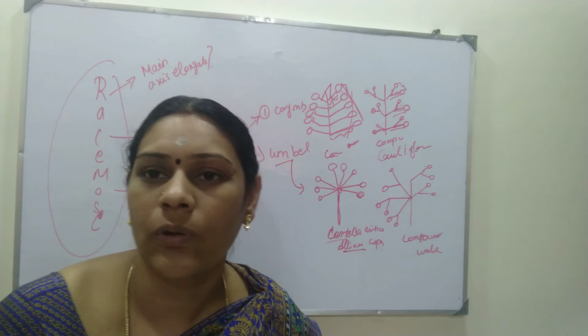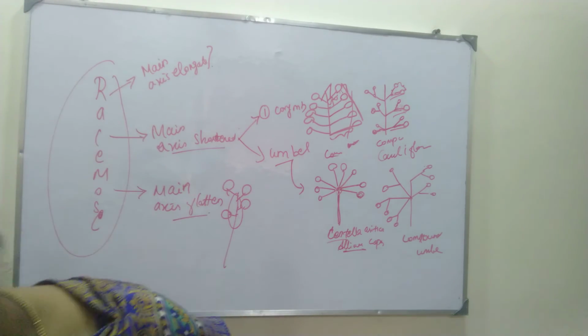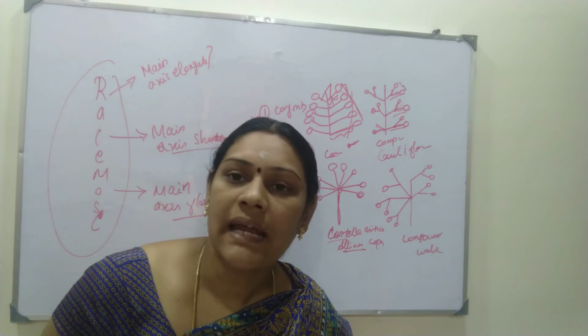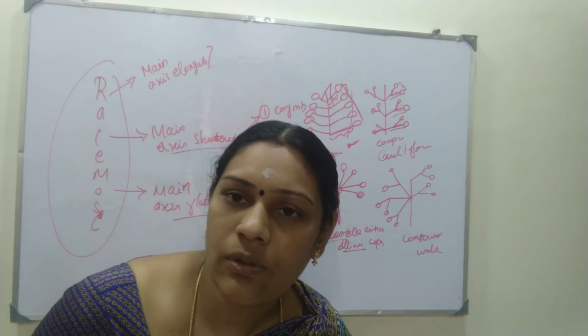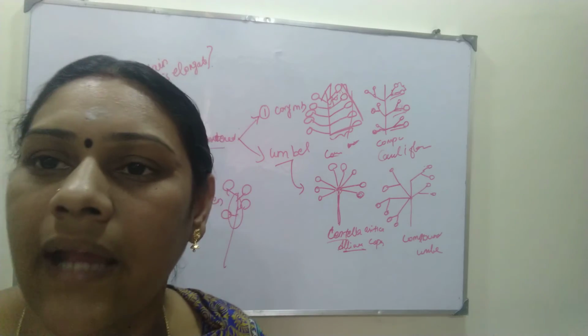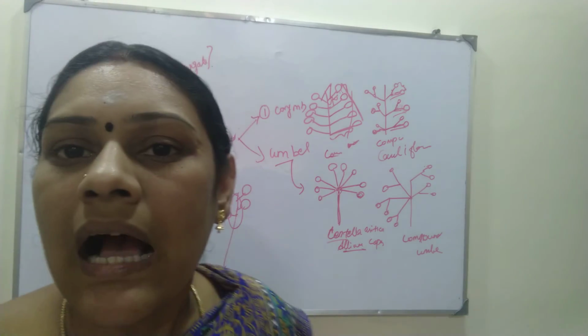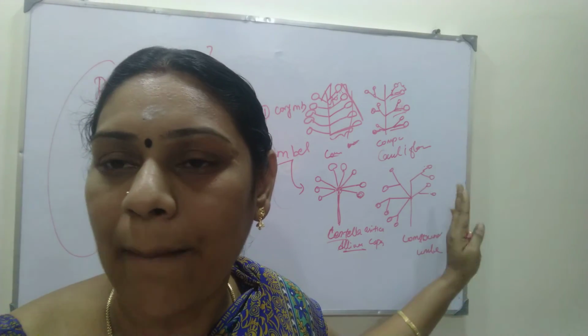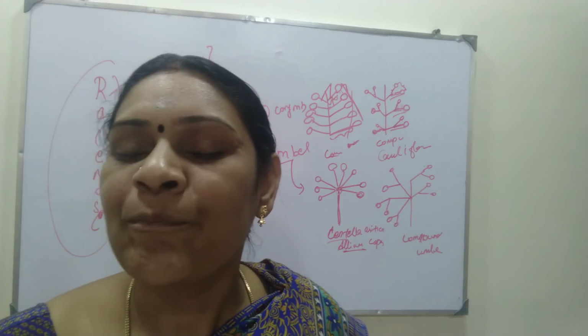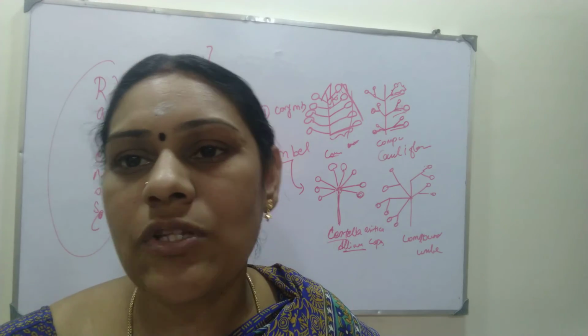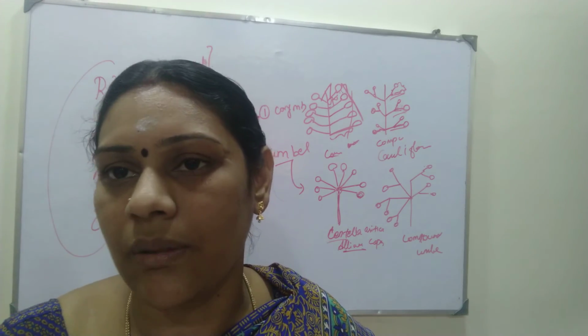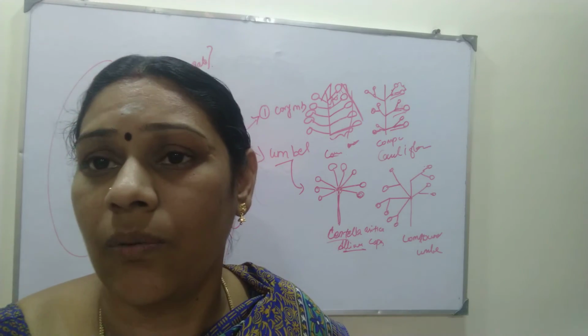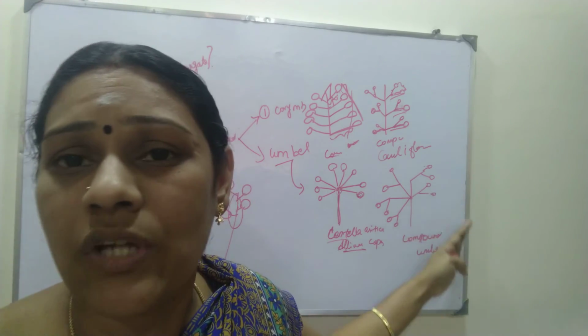Coriandrum sativum and Daucus carota are examples. In the carrot plant, everything has the compound umbel type of inflorescence. And Coriandrum sativum means coriander, kottamalli, also follows this type of inflorescence.